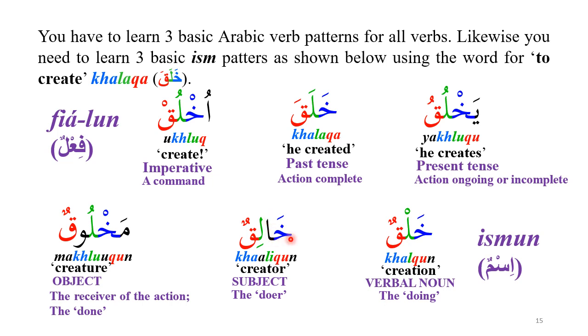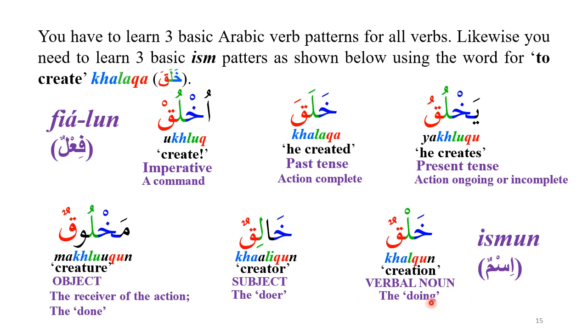The subject is shown because it is associated with the first root letter, khalikun, and the tanwin is showing the system. And makhluk means the object. I've already told you, in makhluk you can see the meem and the waw, which has the object shape. So makhluk means the object, or the receiver of the action, the done.